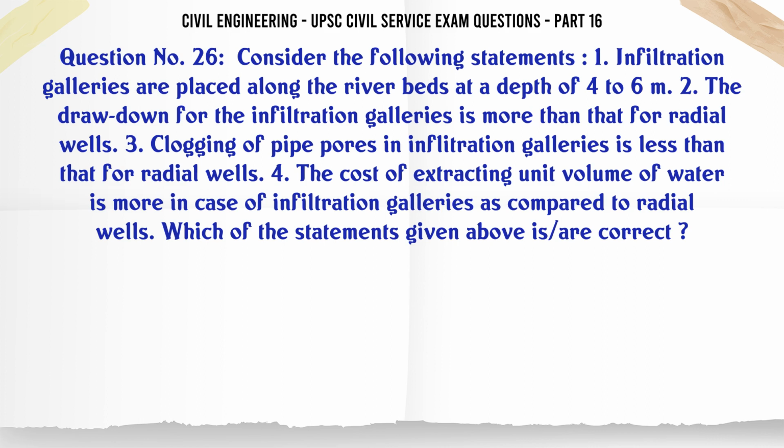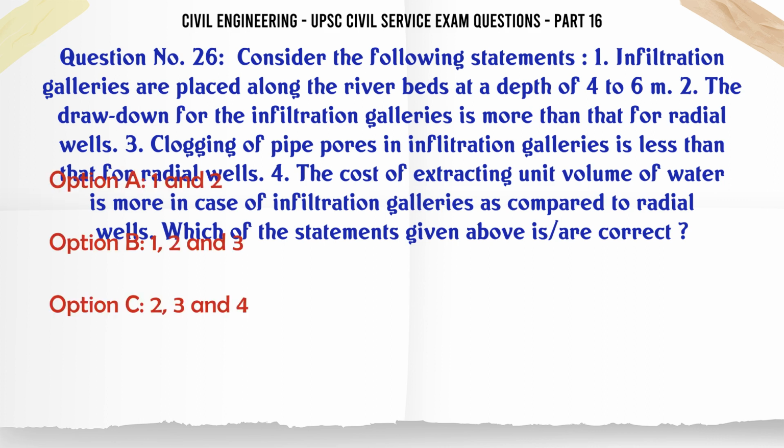Consider the following statements. 1. Infiltration galleries are placed along the river beds at a depth of 4 to 6 m. 2. The drawdown for the infiltration galleries is more than that for radial wells. 3. Clogging of pipe pores in infiltration galleries is less than that for radial wells. 4.